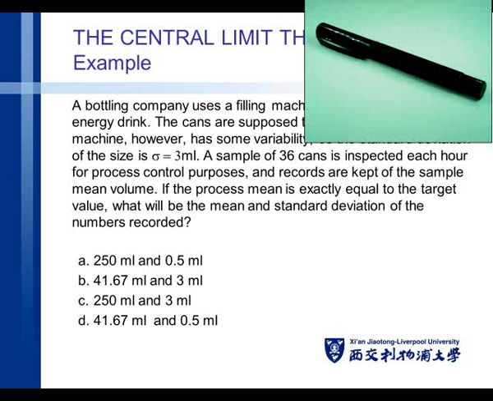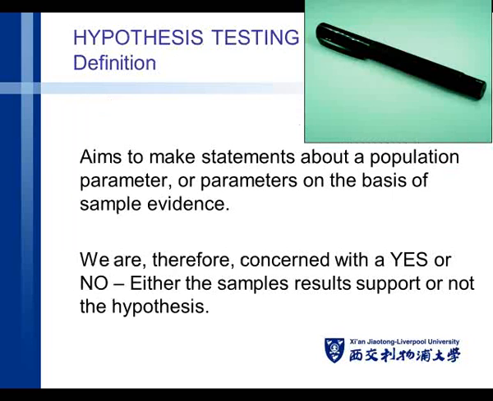So square root of 36 is 6. 3 divided by 6 is a half. That's the answer. I just wanted to correct it from last week. All good? So the answer is A.